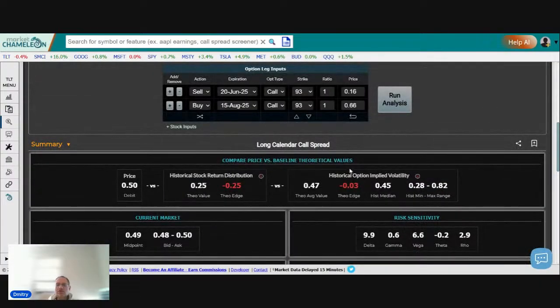So here, this looks at theoretical values and tries to value the spread based on different methodologies. Okay, just like any financial instrument or investment, when you're looking at the market prices, you're trying to create some benchmark or some valuation to see where the market prices are versus your theoretical values and how much they diverge.